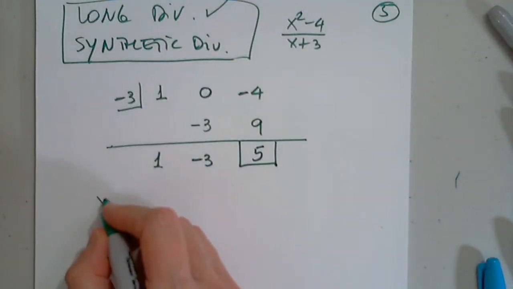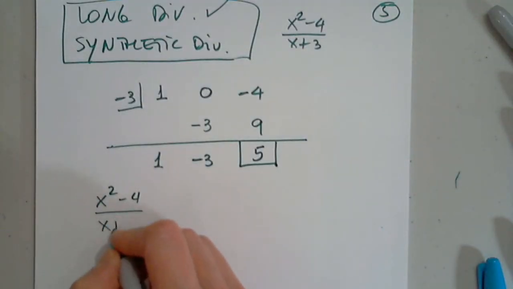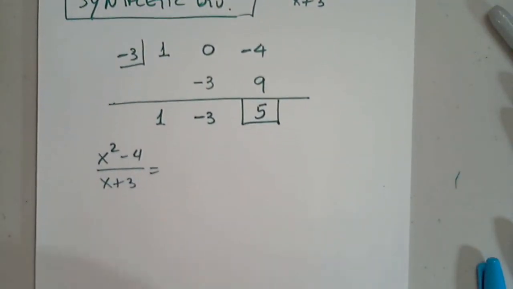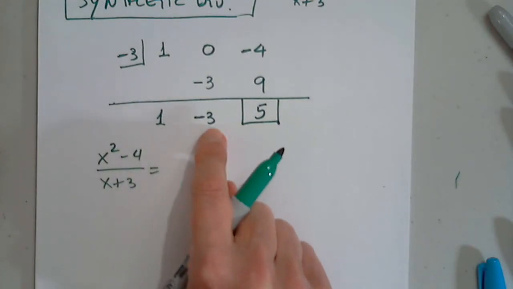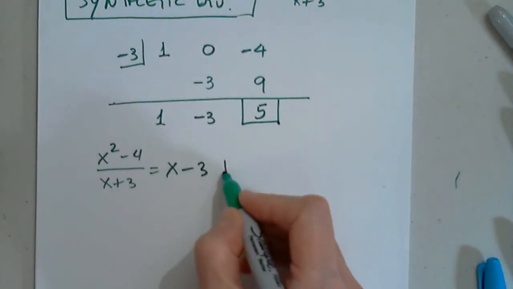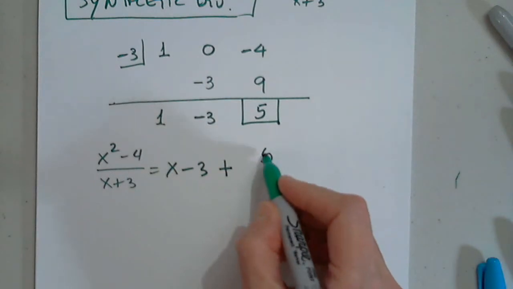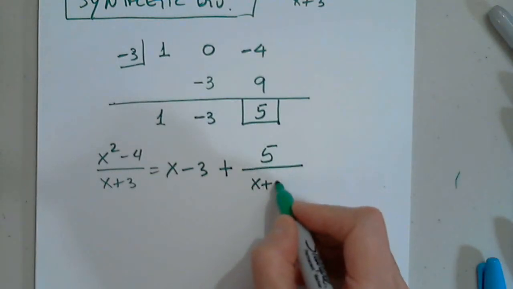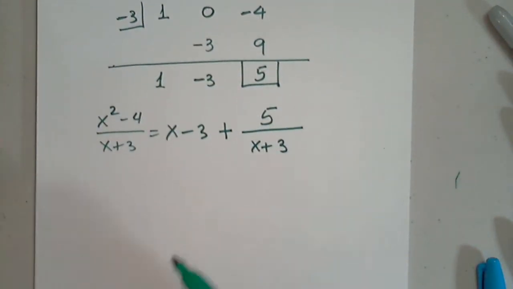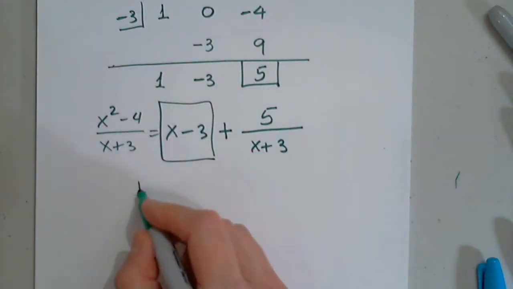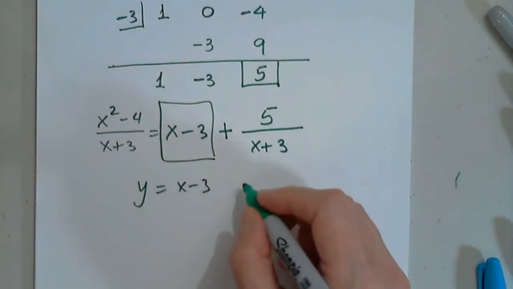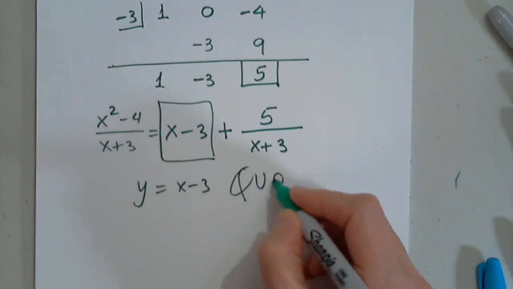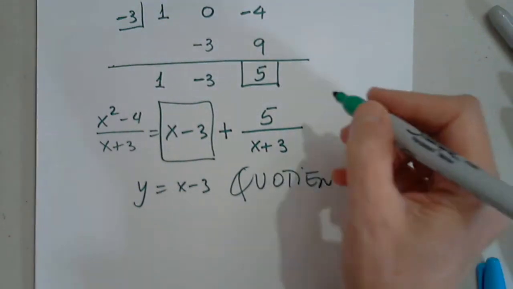So x squared minus 4 over x plus 3 can be replaced by x minus 3 plus 5, the remainder, over the divisor. This y equals x minus 3, just the quotient, because this is the remainder.